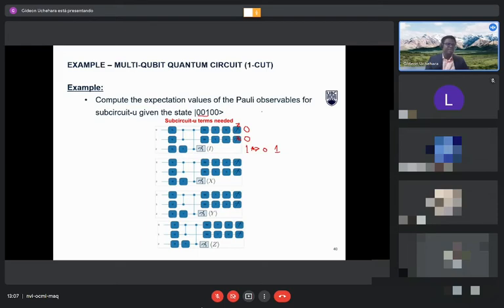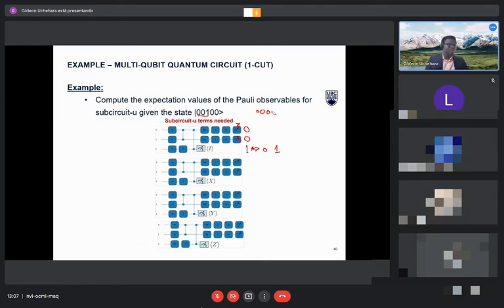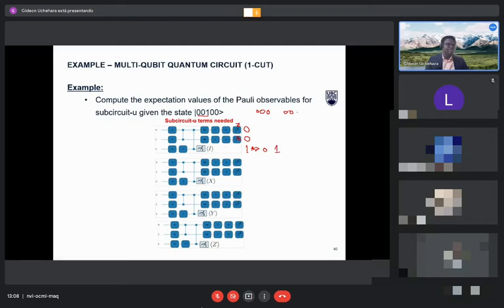If we measure it, we're going to have some probability distribution: probabilities for 0 0 0, 0 0 1, 0 1 0, and so on and so forth until we get to 1 1 1.